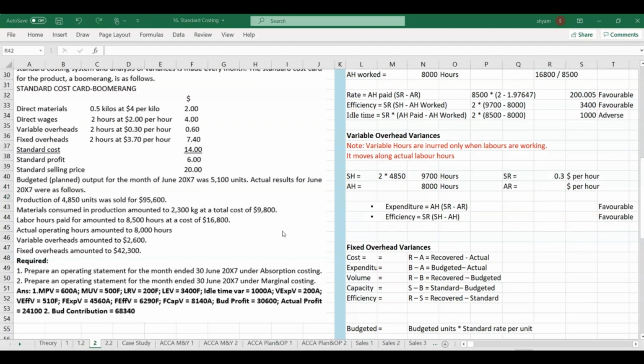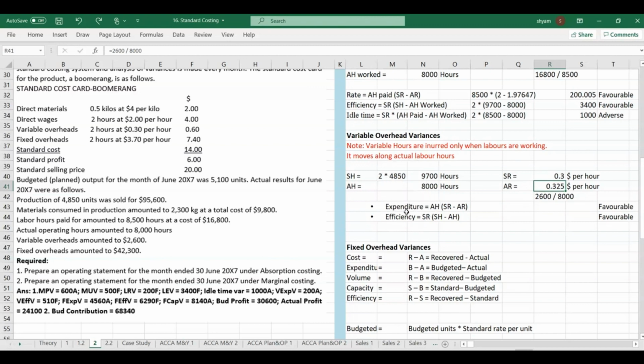So we'll work out now. 2600 has to be divided by 8000, because 8000 is the actual hours they are working. So like that only we have to find. So the rate is going to be 0.325.